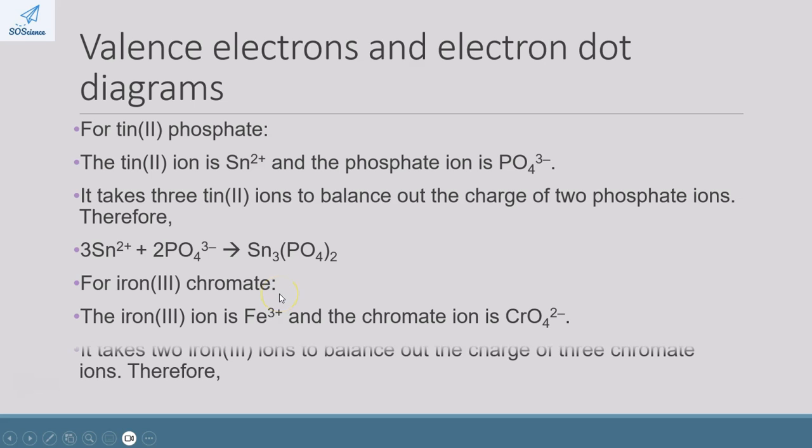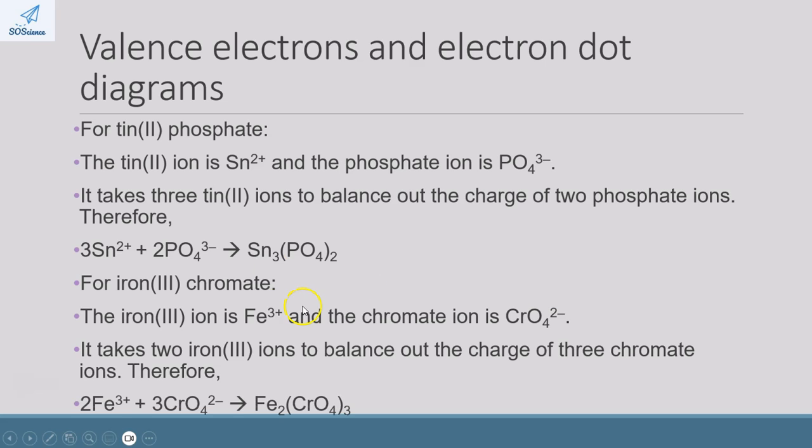It therefore means that we need 2 of these 3 pluses, which in total will make 6 plus, to balance out 3 of these 2 minuses, which in total will make 6 minus.